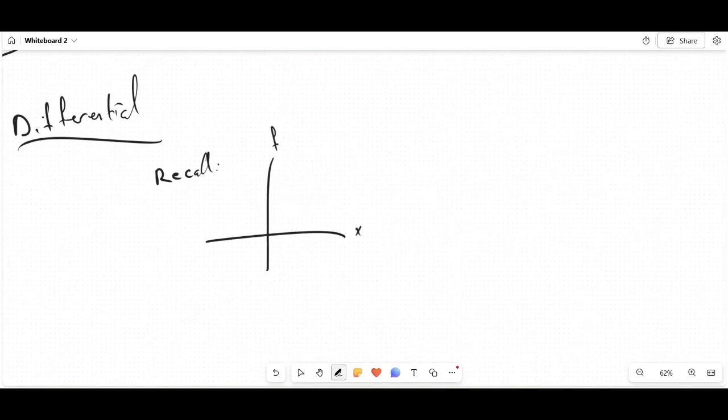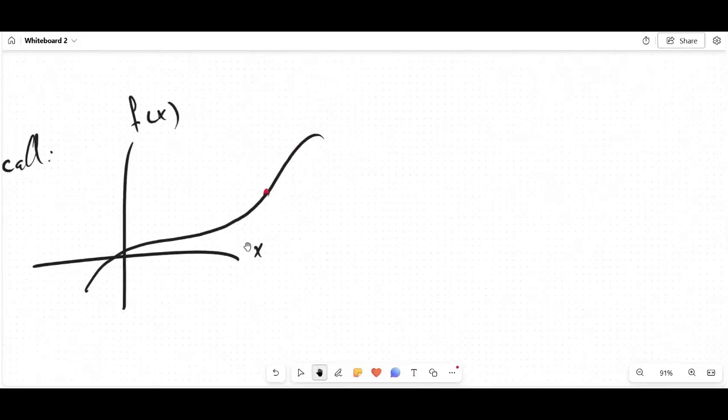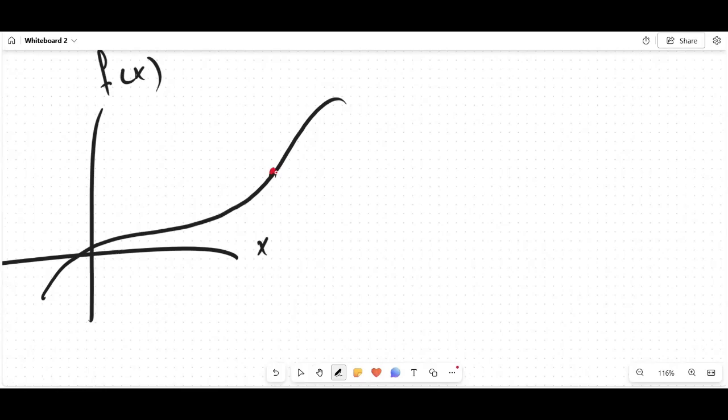If this is x and this is f of x, and you have some function and some starting point, then when you build a tangent line, you often see it done this way.